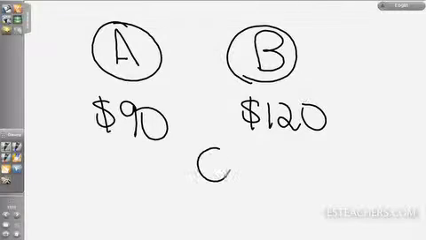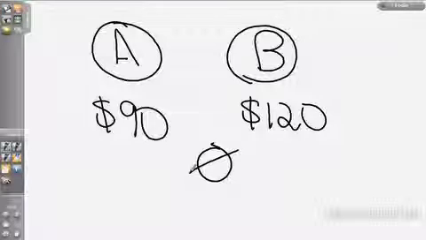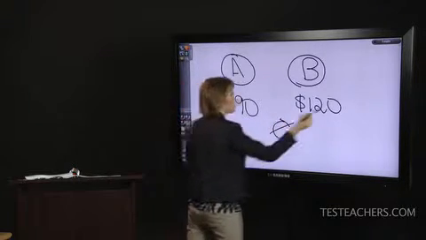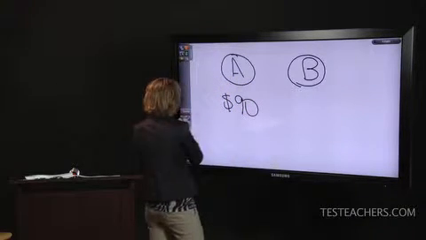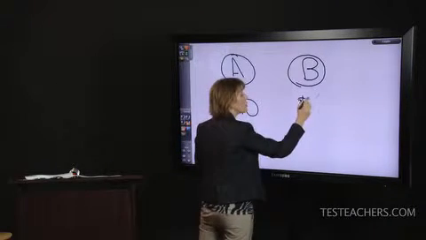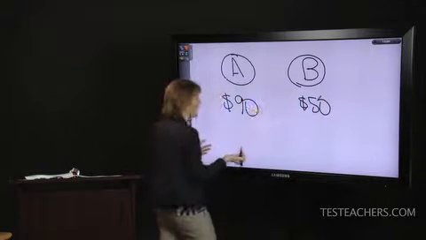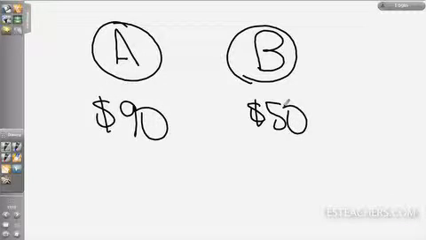What's your opportunity cost? 0. None. You're happy. You won. You beat this other choice. If instead the path that you chose, you only earned $50 where you could have earned $90, the difference is your opportunity cost. Your opportunity cost here is $40.